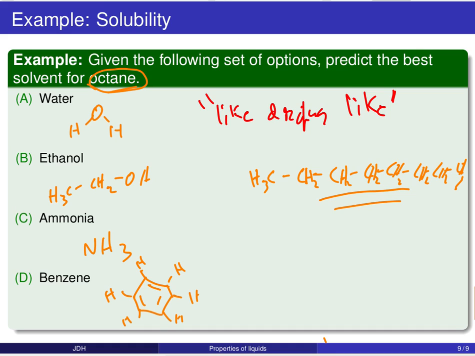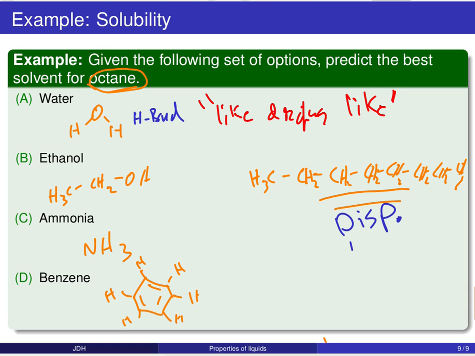Right off the bat, we'll go through and label the dominant intermolecular force. In the case of our hydrocarbon, it's simply dispersion. Dispersion is going to be the dominant intermolecular force, and we can color code our intermolecular forces here. We'll put these in blue. So let's go through A through D and identify the strongest intermolecular force for each one.